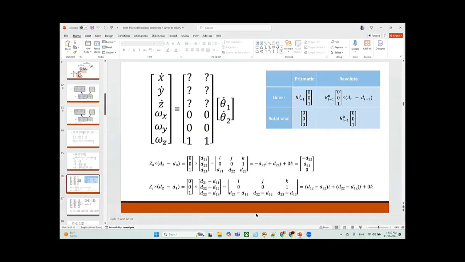So for the inverse Jacobian, you need to understand this matrix, okay? Understand this matrix. It tells you how to calculate the G and the R component, okay? So you have to follow it one by one.